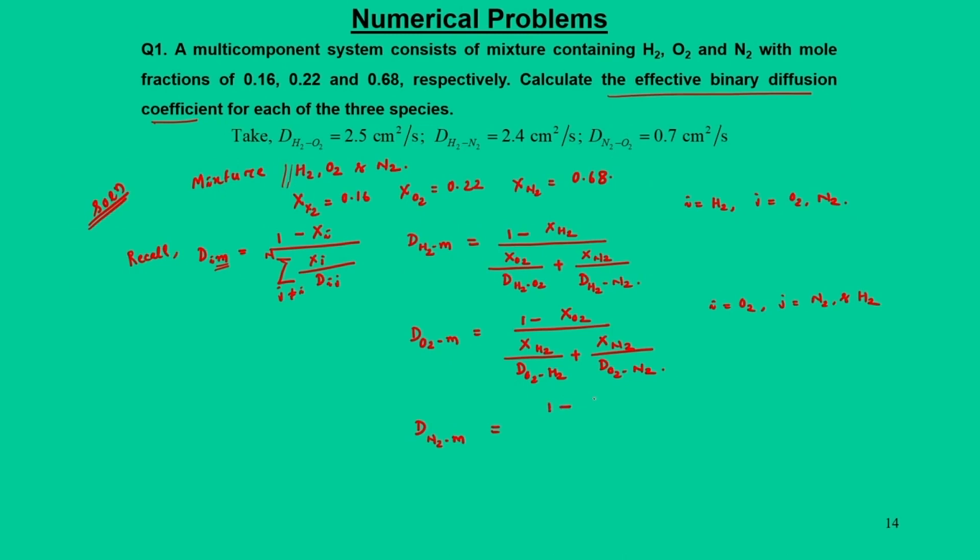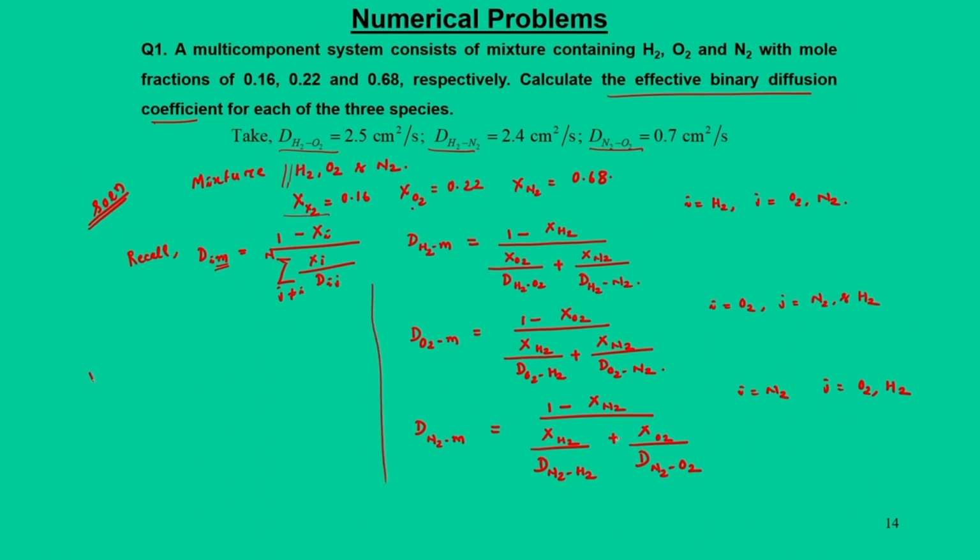So, I write 1 minus x N2 divided by x H2 over D N2 H2 plus x O2 over D N2 O2, where i is N2, j is O2 and H2. Okay. Here the terms D H2 O2, D H2 N2 and D N2 O2 are given, and we also know x H2, O2 and N2.